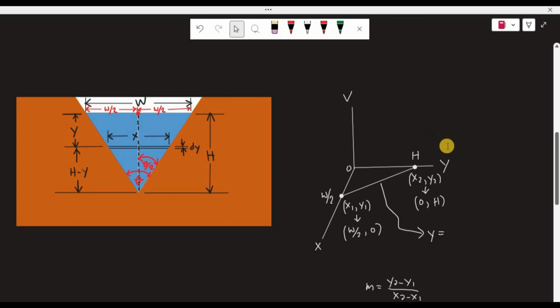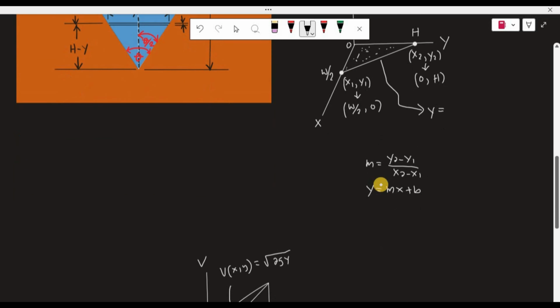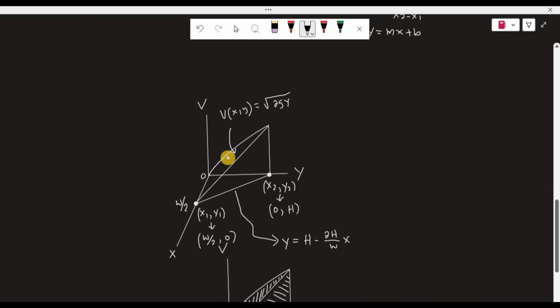This region represents the cross-sectional area of the weir, which can also be described as a velocity field, where each point has a corresponding velocity. If we imagine the velocity at every point in this area as a height extending vertically, it forms a 3D object like this.